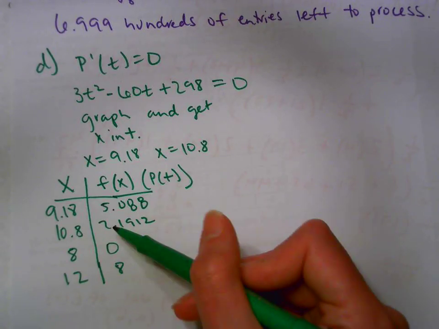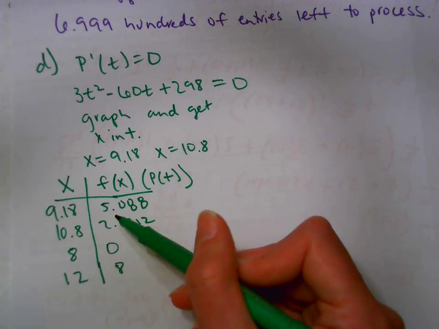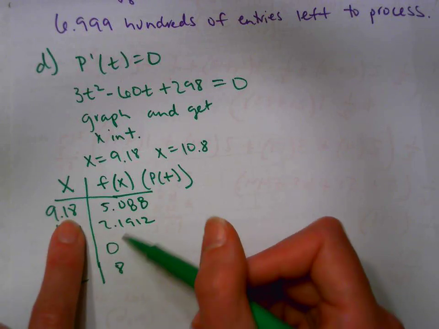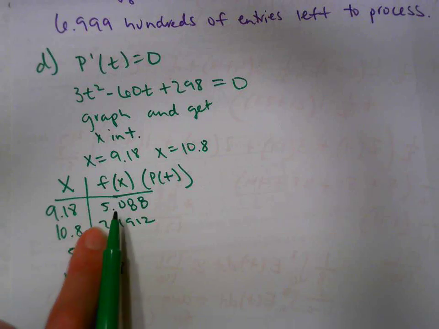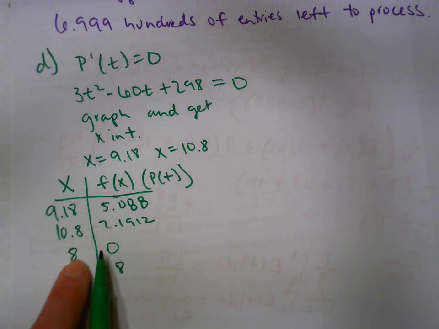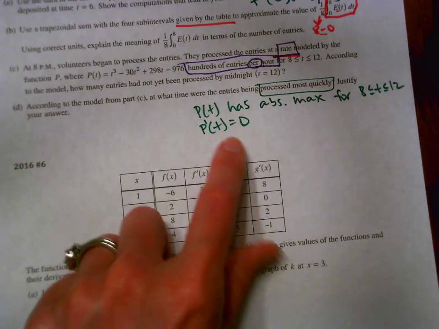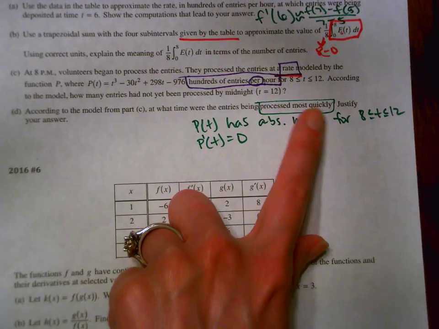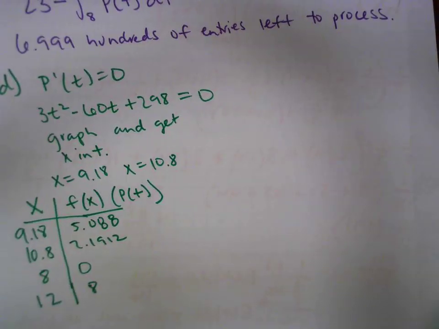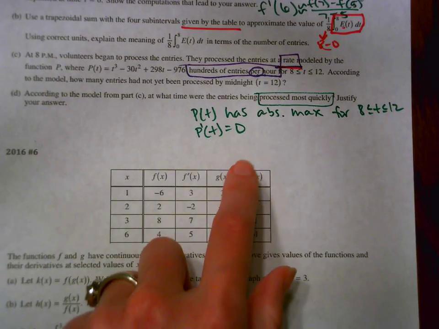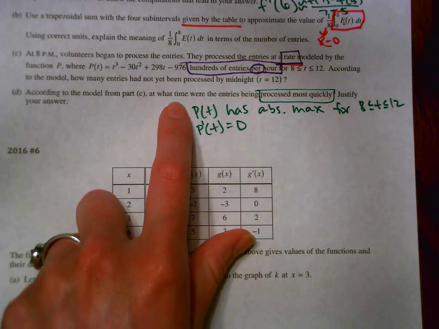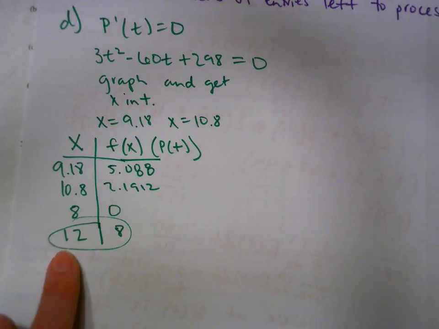This is the rate, right? Because P of t is a rate that they were processing. At 9.18, they were processing at a rate of 5.088. At t equals 8, they were processing at a rate of 0. So we want to know, when were they being processed most quickly? Well, the highest is this one. And it asks for at what time were they being processed most quickly.